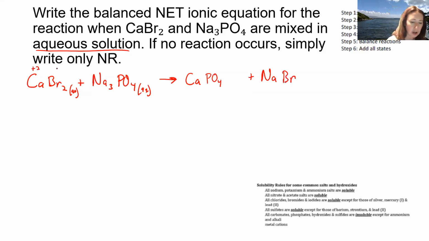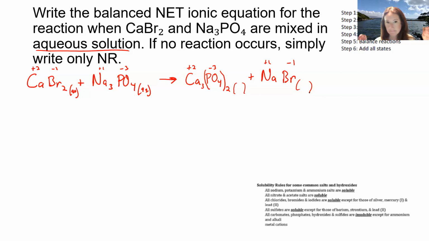So if we put our charges here, they stay the same over here. And so this is Ca3(PO4)2, trying to make this as neat as I can. All right, so if we have a new state, one of these either has to be a solid, a gas, or a liquid.